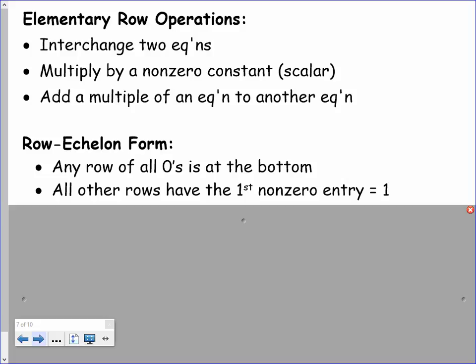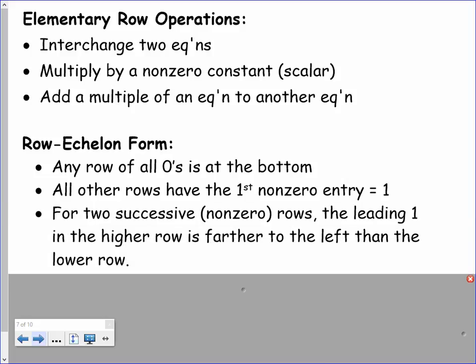And for two successive rows, the leading one in the higher row is further left than the lower row. So as you go down in your rows, your ones start to move to the right. I'll draw a picture of what this looks like, but make sure you get that rule down.